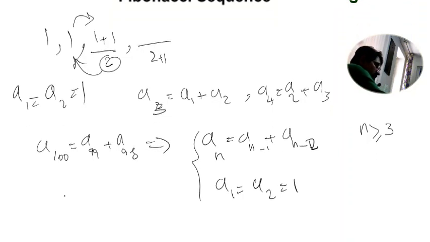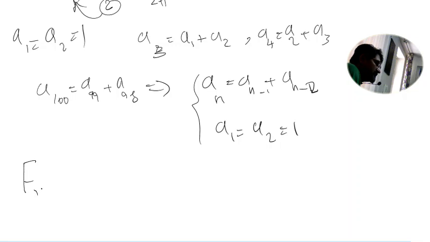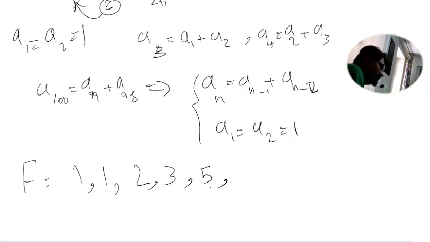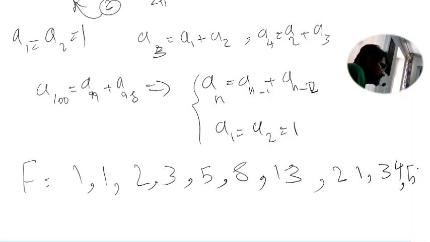That is the Fibonacci sequence: 1, 1, 2, 2 plus 1 is 3, 3 plus 2 is 5, 5 plus 3 is 8, 8 plus 5 is 13, 13 plus 8 is 21, and 34, 55 and so on.